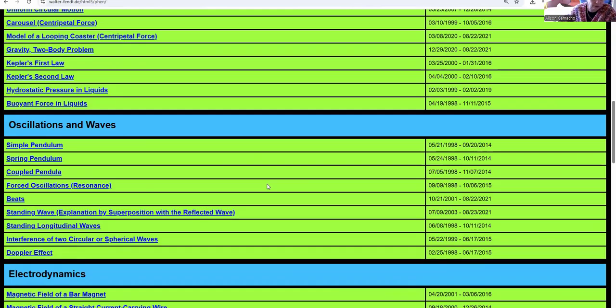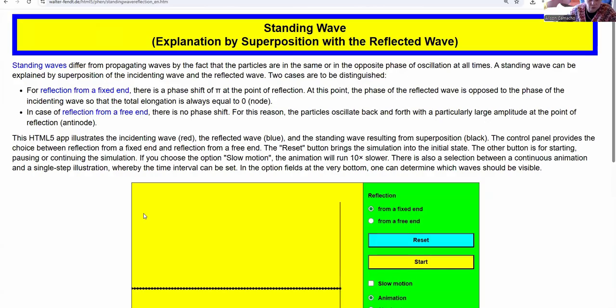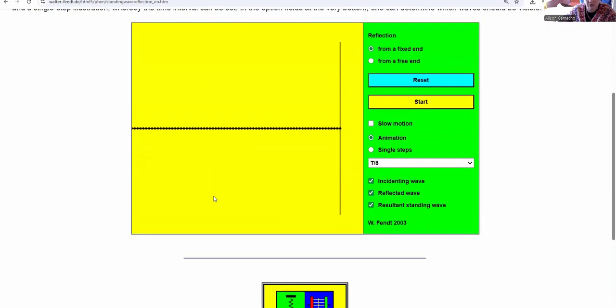Right, what we're going to do is a standing wave by superposition with a reflected wave. I just want you to see this standing wave form, okay? So remember that it is describe and explain how a standing wave is formed. Basically, your description is this. You have to say that there is a progressive wave which travels along the string when the string is plucked. What happens to that progressive wave?